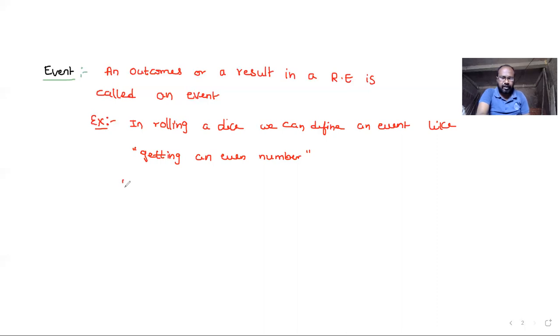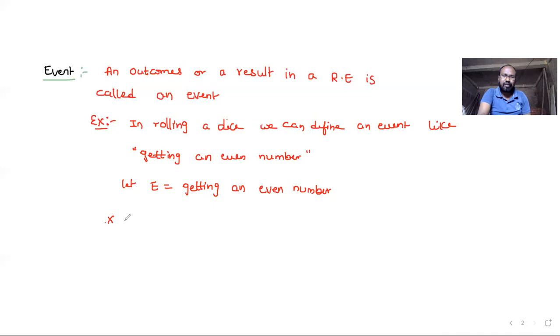Let E is equal to getting an even number. This is an event. Getting an even number is an event that is denoted by capital E.